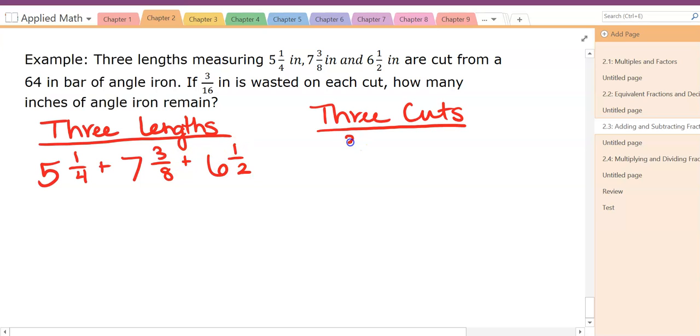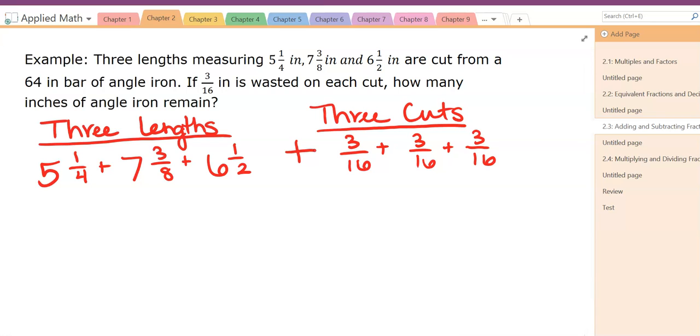And there's 3 cuts. Every single time is 3/16 of an inch that gets wasted. We're going to end up adding these two amounts together in order to account for the total amount that got cut. And then we'll take that away from what we started with originally.